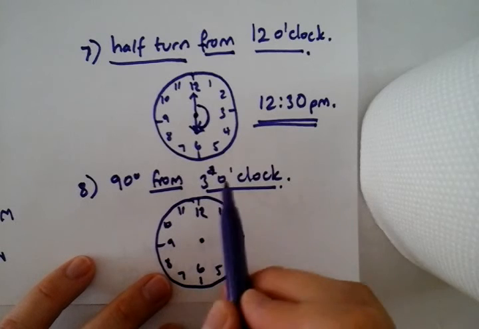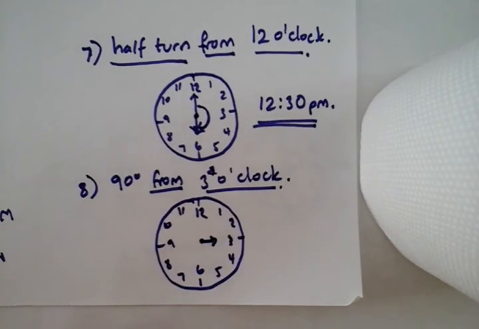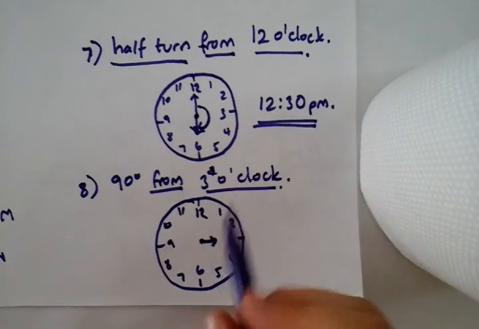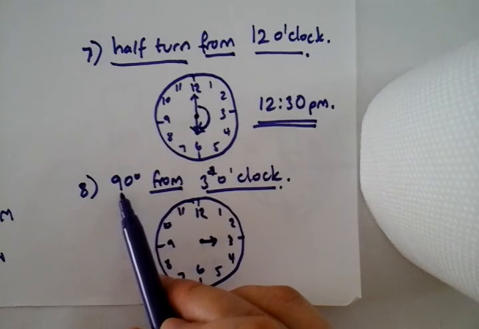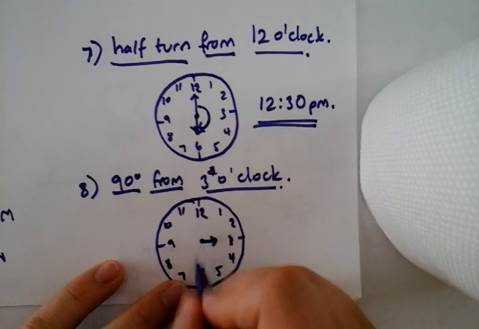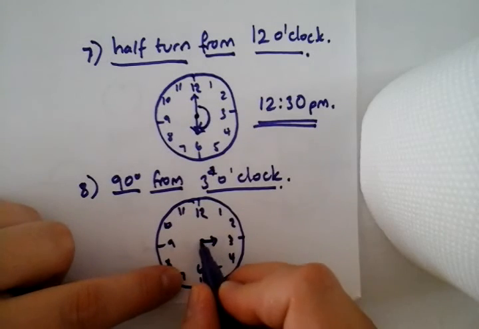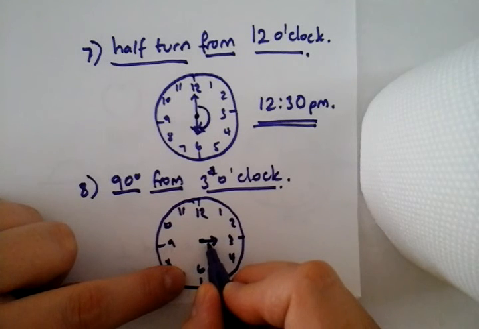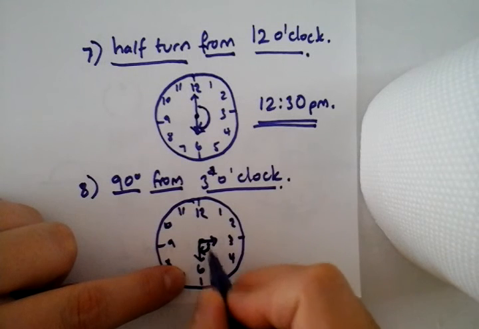And we're starting from 3 o'clock, so the small handle is at 3, and the long handle is the one that moves around. So from 3 o'clock, we're doing 90 degrees. So if I draw a right angle from here, that's a right angle there.